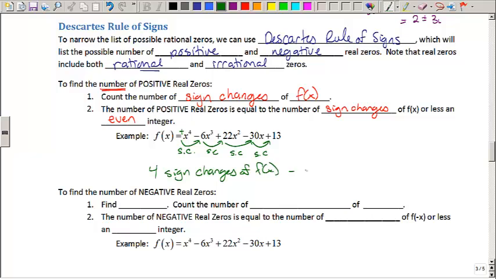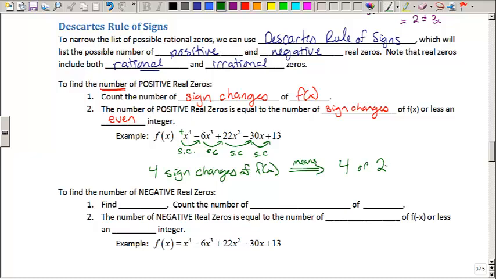That means that we will have a possible 4 positive real zeros, or less an even integer. So I'm going to subtract 2, and that's going to get me 4 minus 2 is 2 positive real zeros.